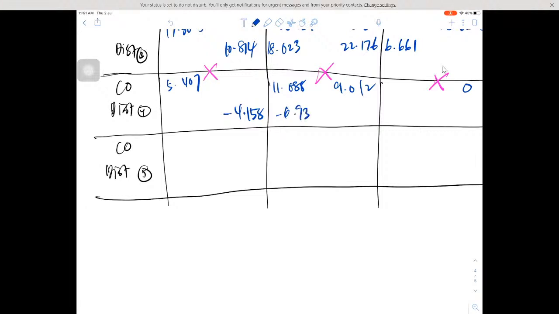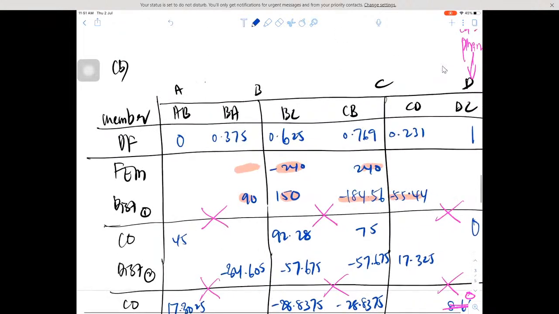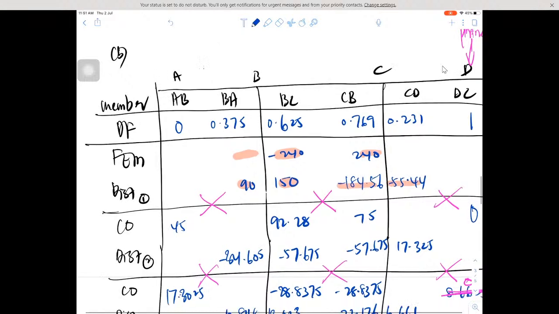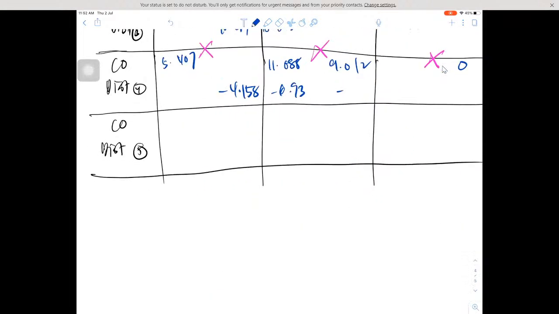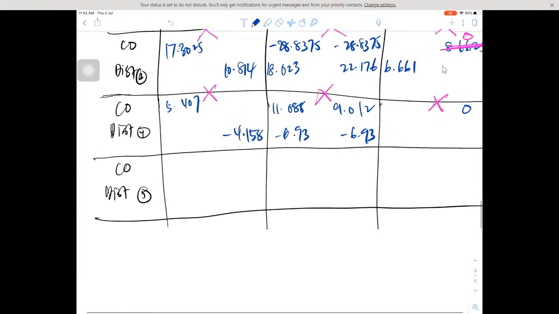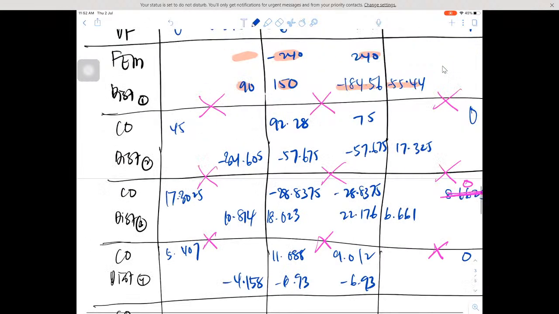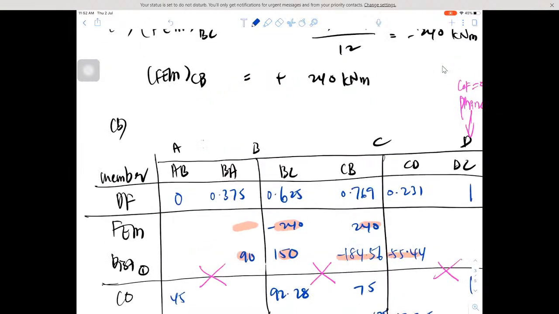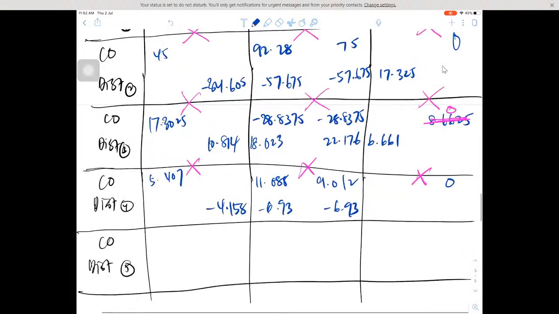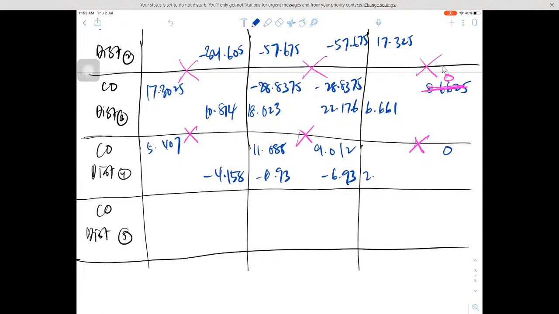Then 9.012 times 0.769 is negative 6.93. And then 9.012 times 0.231 is 2.082. Okay, carry over.